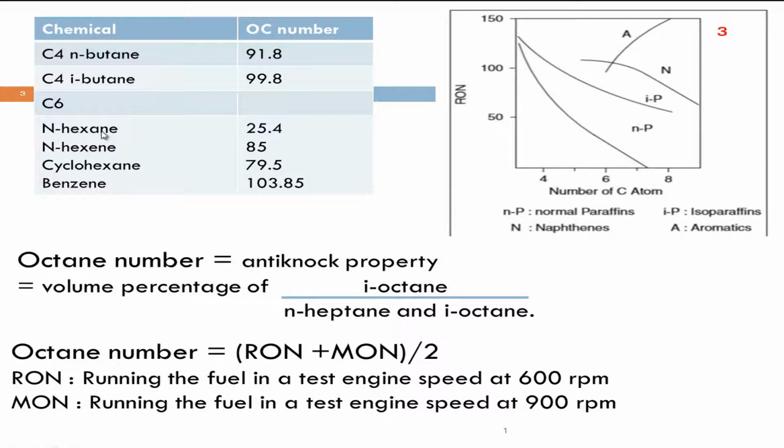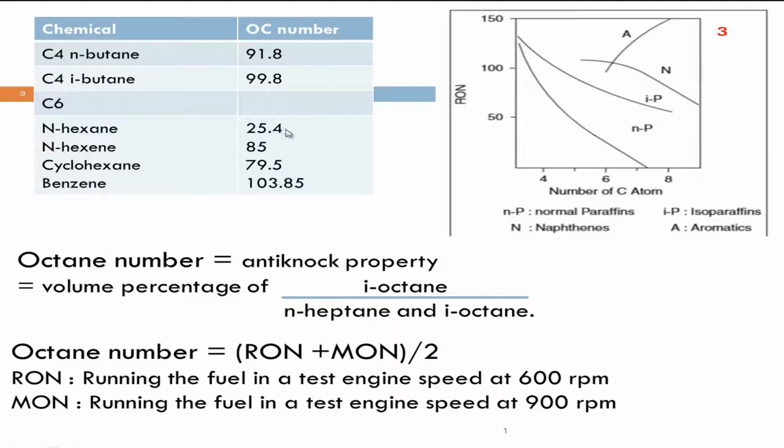How about C6? We use hexane as an example. We take normal paraffin, olefin, naphthene, and aromatics, and what we can see here is that the octane number of aromatics is a bit higher than these two, olefin and naphthenes, and down to paraffin here.